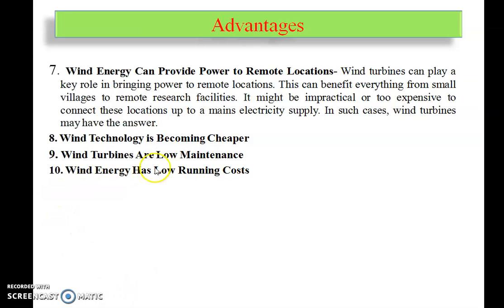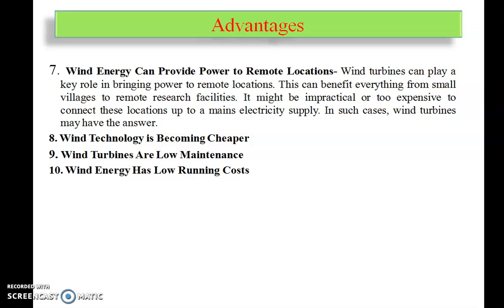Next one, wind energy can provide power to remote locations. Suppose any of my industries is located in a remote location, very far from the load center. Then to provide electricity we can use a wind power station, and in such cases the wind power station is the most efficient power generation source for that remote location compared to any other.